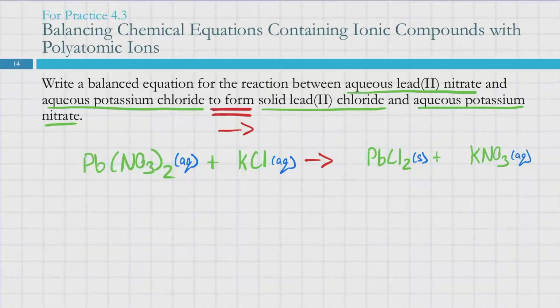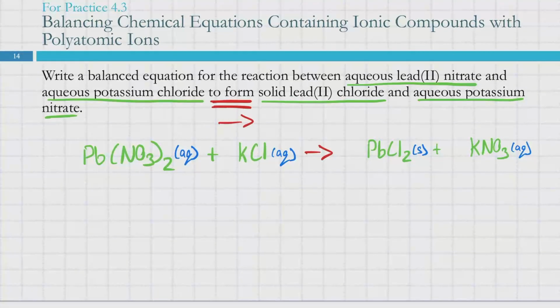Skipping over the nomenclature part, how we got the chemical formulas, primarily to save time. But we figure out the subscripts based on what the charge is. Nitrate's a 1 minus, chloride's a 1 minus, potassium's a 1 plus, lead's a 2 plus, as it tells us in the equation. And then we have to balance it. This is a double displacement reaction or a double replacement reaction.